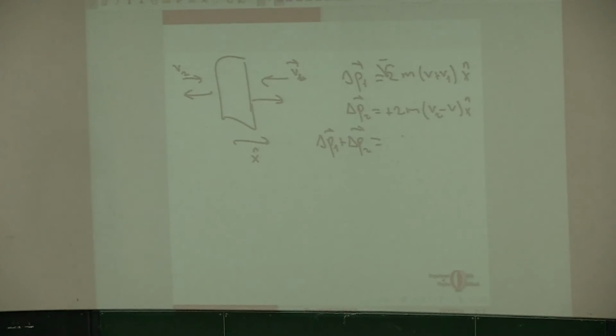You will get twice m(v2 minus v) in the x-hat direction minus 2m(v1 plus v) in the x-hat direction. And remember, v1 is equal to v2, the average speed of the molecules on the left and on the right are equal. So v1 and v2 will just cancel each other. You get minus 4mv in the x-hat direction.